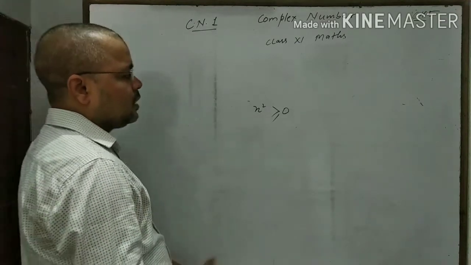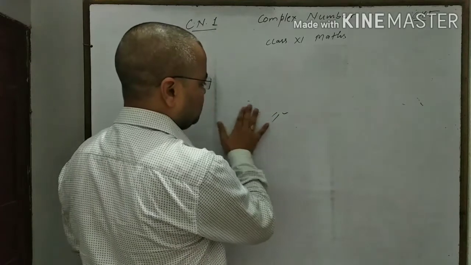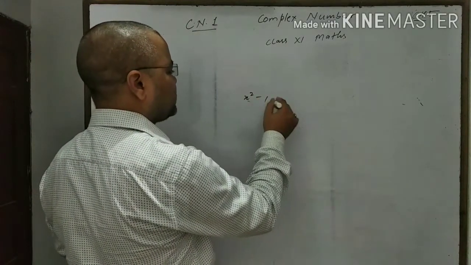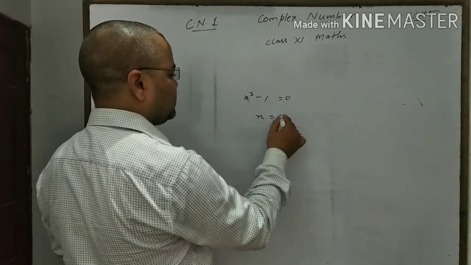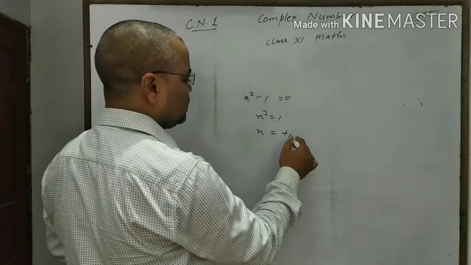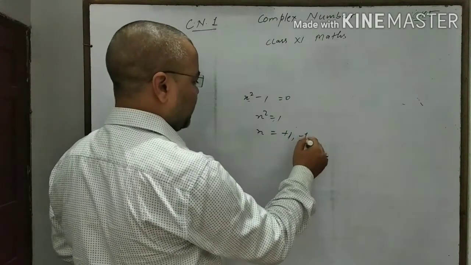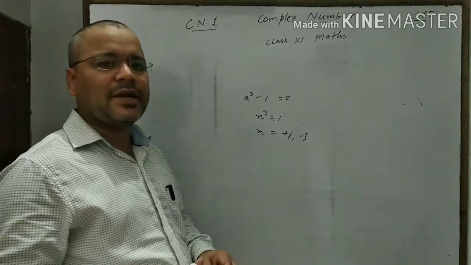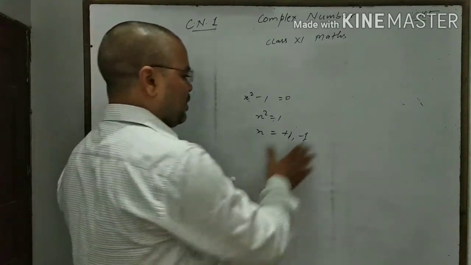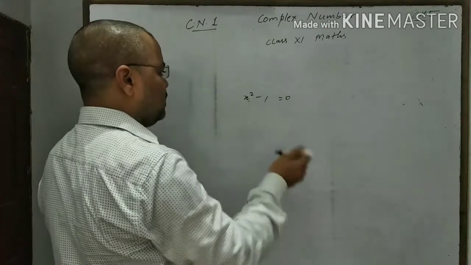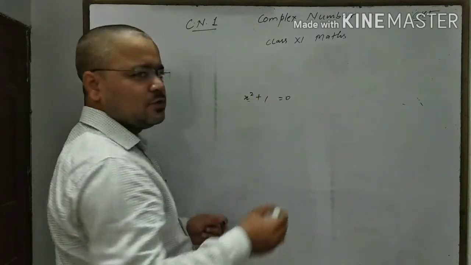Now, if we want to solve x square minus 1 is equal to 0, then x square is equal to 1, and x is equal to plus 1 and minus 1. There will be two roots, +1 and -1. But the problem starts when x square plus 1 is equal to 0.